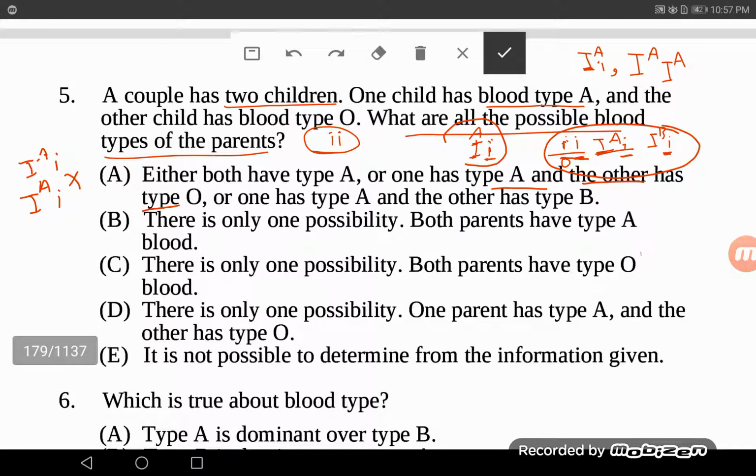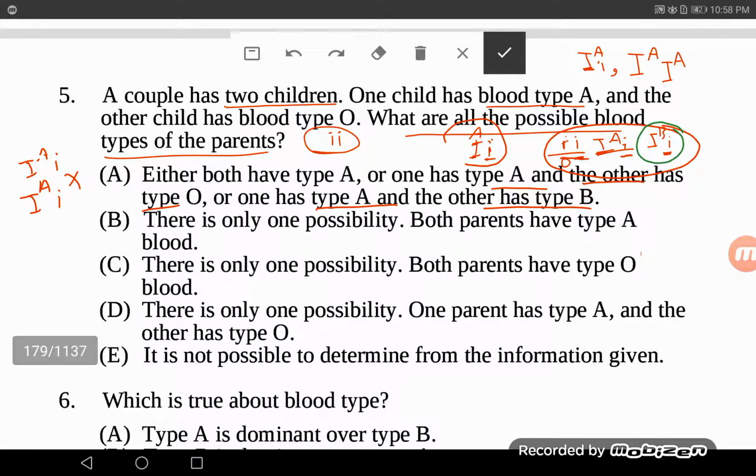Or one has type A and the other has type B, as I showed you here. Maybe it will be this one.